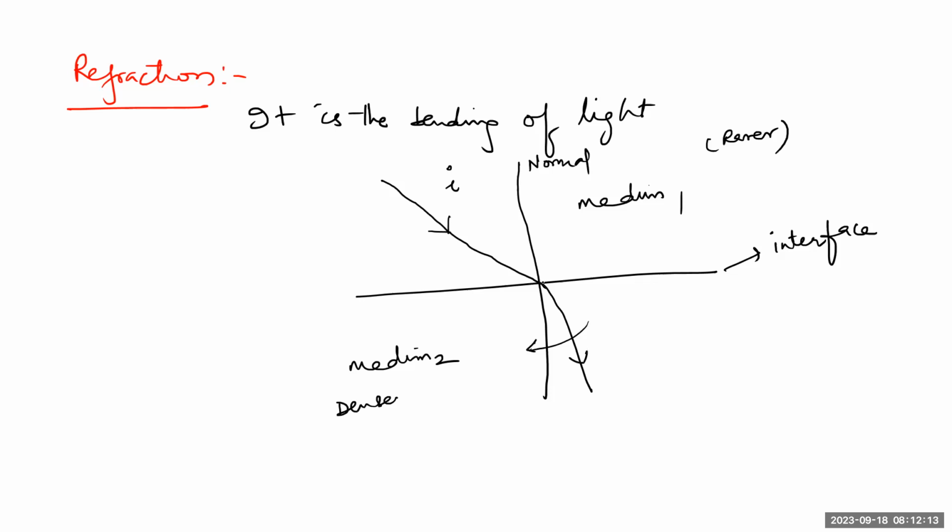That is the first case. If the light, instead of bending towards the normal, is going away from the normal, then medium 1 will be the denser medium and medium 2 will be the rarer medium.